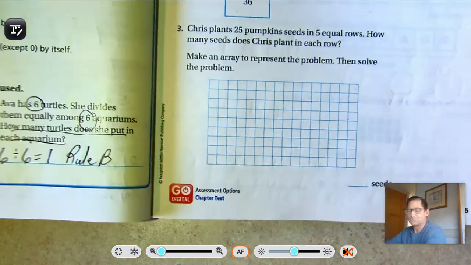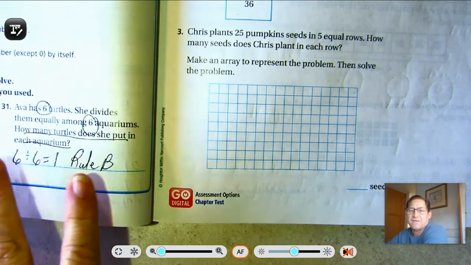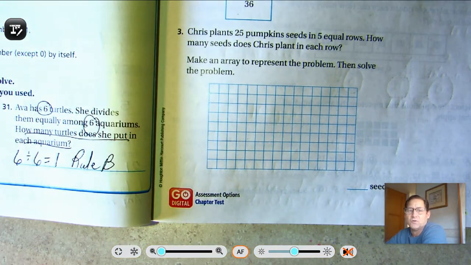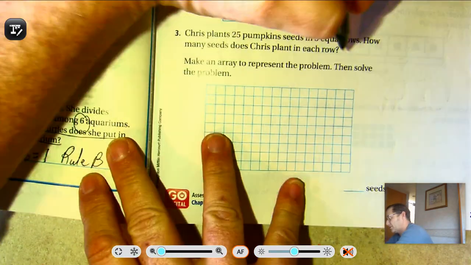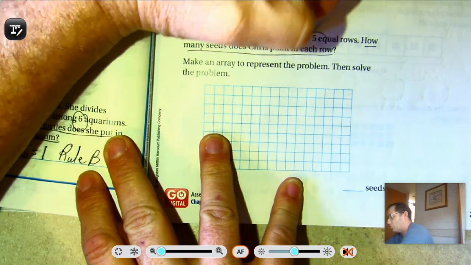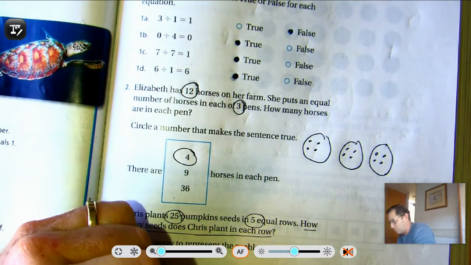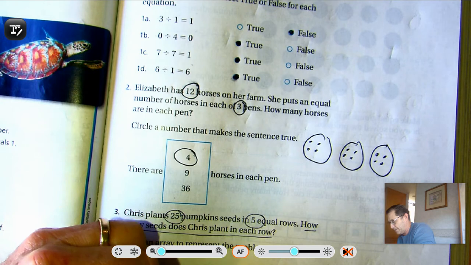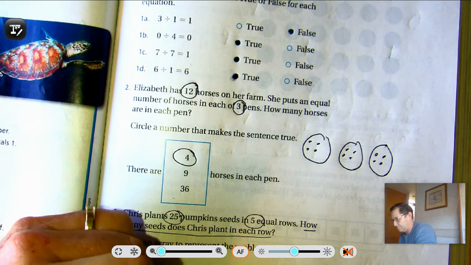Number 3. Chris plants 25 pumpkin seeds in 5 equal rows. How many seeds does Chris plant in each row? 25 total, 5 equal rows. Well, okay, so make 5 equal rows. 1, 2, 3, 4, 5.